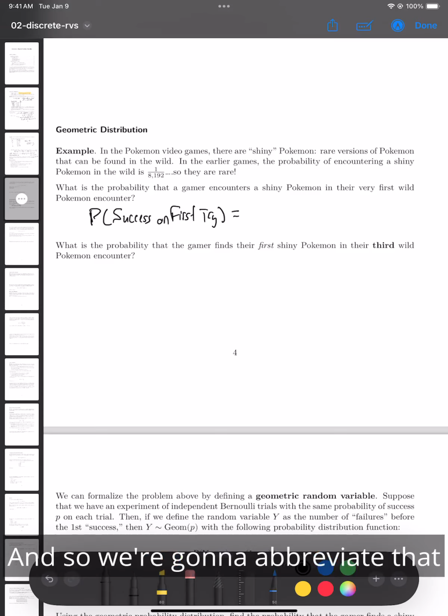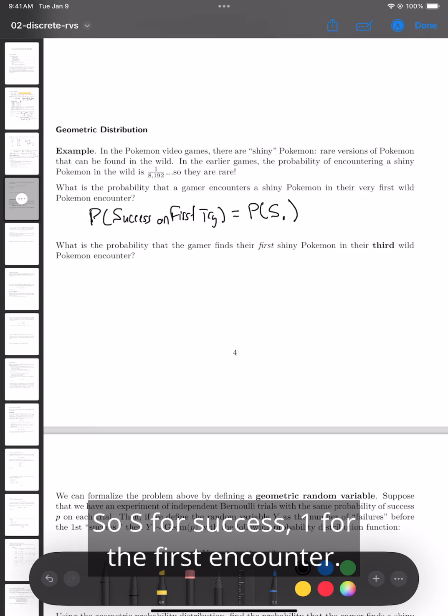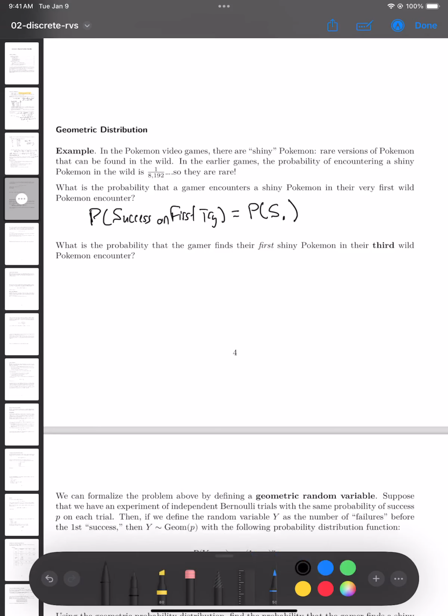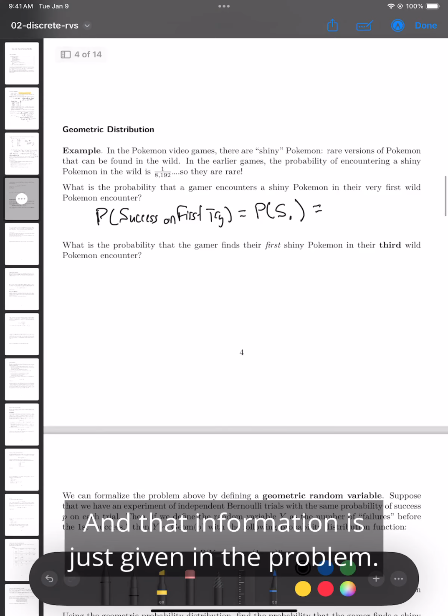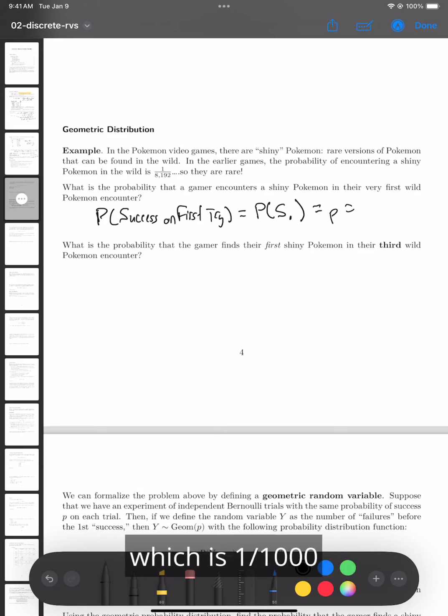And so we're going to abbreviate that as the probability of S1. So S for success, 1 for the first encounter. And that information is just given in the problem. And so that is equal to P, which is 1 over 8,192.